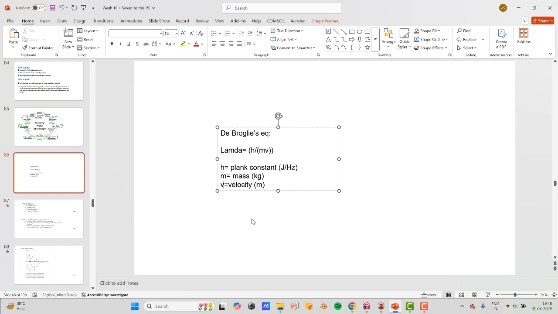Make sure the units are the same when you are putting the values. Mass should be in kg, velocity in meters per second, and Planck's constant in joule per hertz.